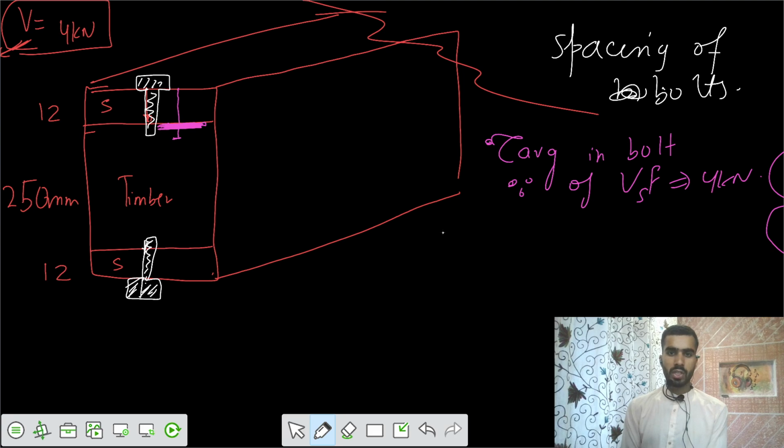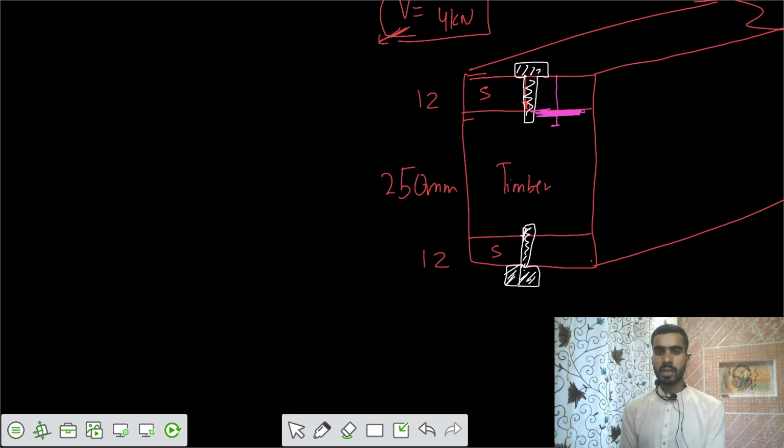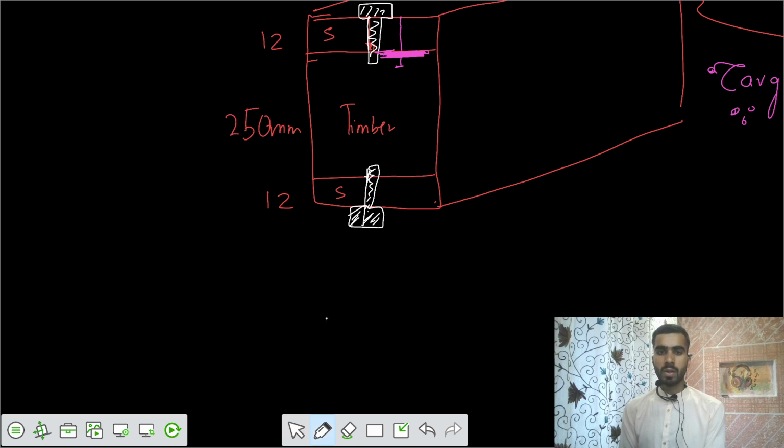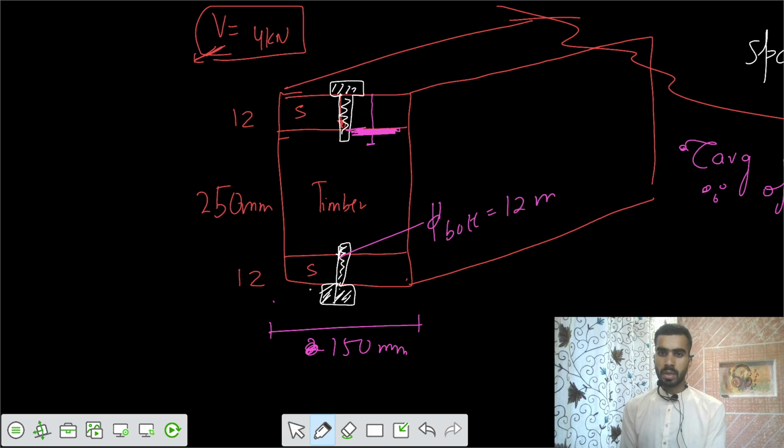If you calculate the shear stress at the junction, we can say that's your tau average. The width of the section is 150 mm, and the diameter of the bolt equals 12 mm, and you want the shear stress in the bolt.